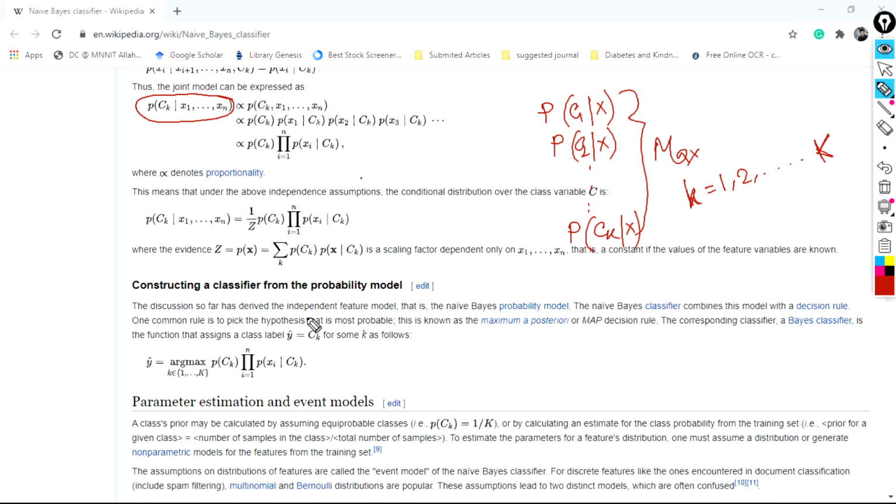At the end of the day, we have to calculate these values: the probability of class 1 for a given point X, the probability of class 2, and so on for all classes, and the maximum probability will be the class label of that point. This is the simple trick, nothing else.